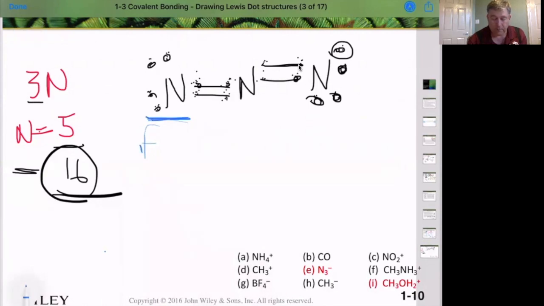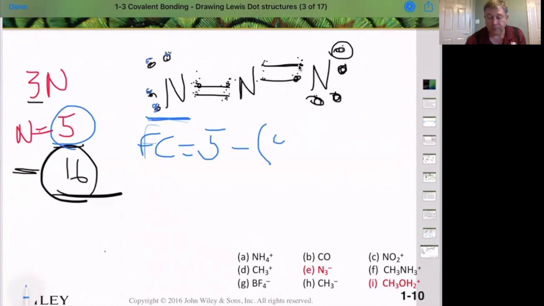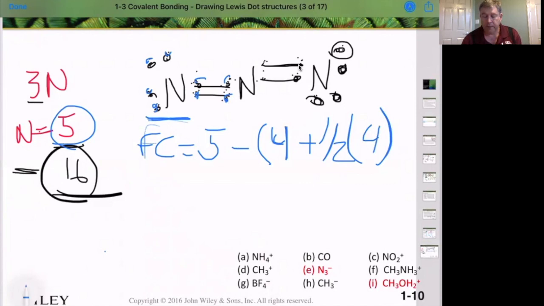Formal charge is equal to the number of electrons it brought with it, 5, minus non-bonded electrons, 1, 2, 3, 4, 4 right there, plus 1/2 of the bonded electrons, 1, 2, 3, 4. So 1/2 of 4 is equal to 2.